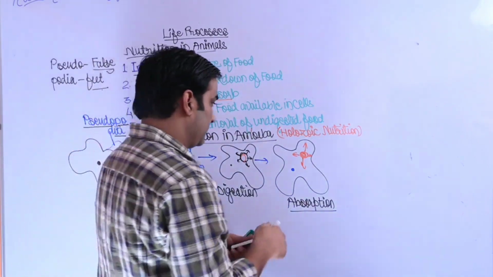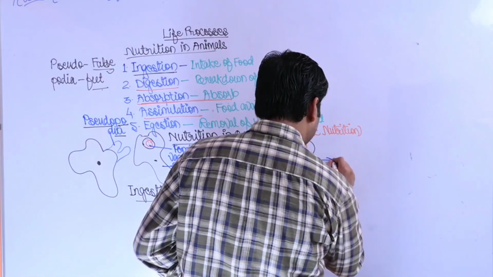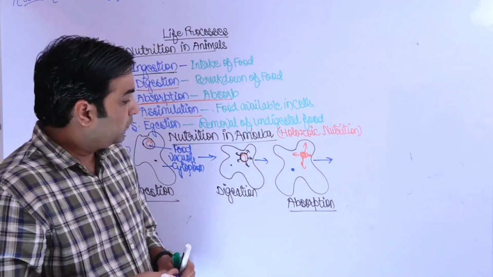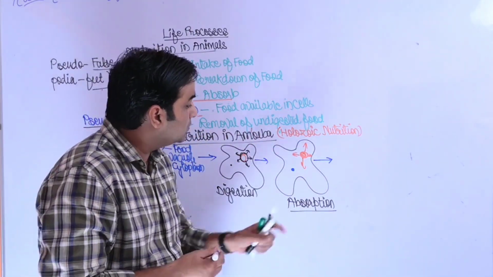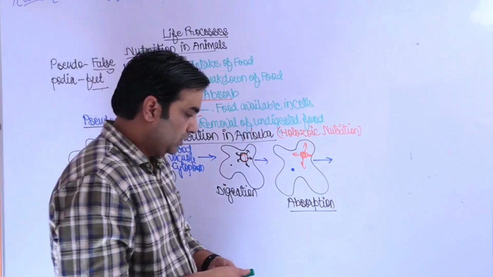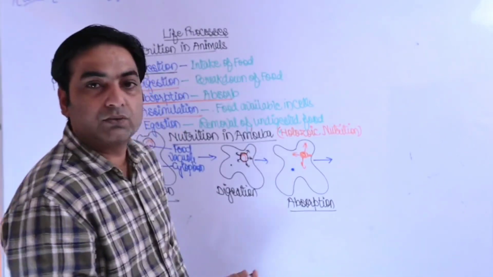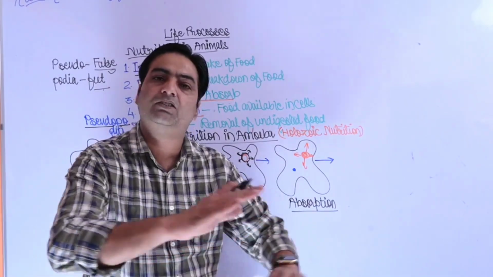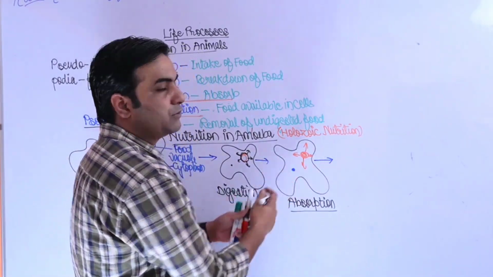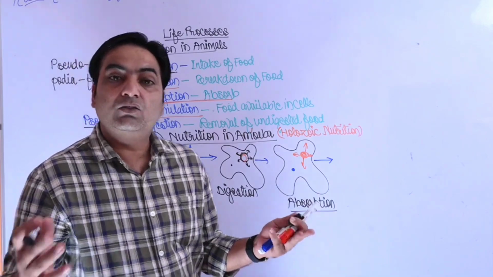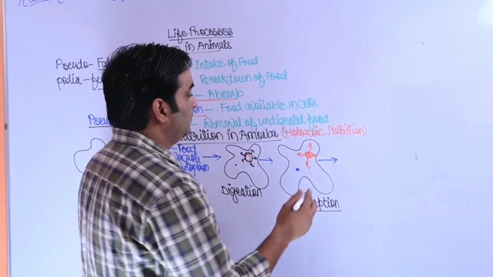In the next step, the food material which is absorbed into the cytoplasm has to be assimilated into the cytoplasm. Assimilation means proper distribution into the cell. After absorption, the distribution will be done so that the energy production will be possible.